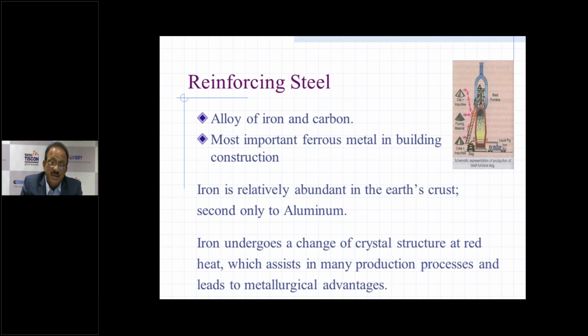For example, in the cement industry we manufacture clinker. Iron ore is one of the raw materials used, which provides a very good flux, and because of that the clinkerization process highly improves. It's like a catalyst in the cement manufacturing process.